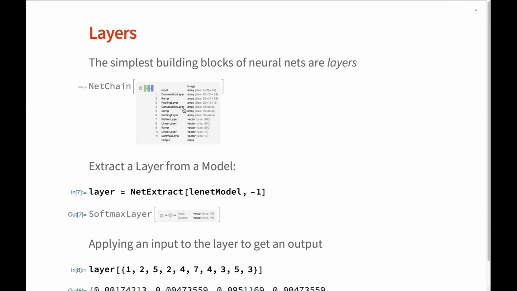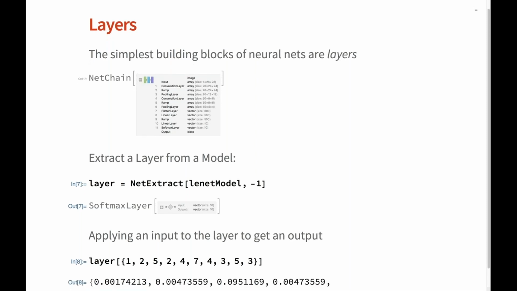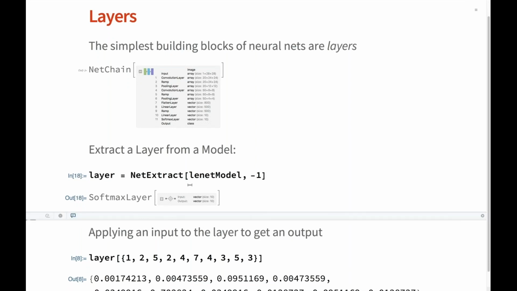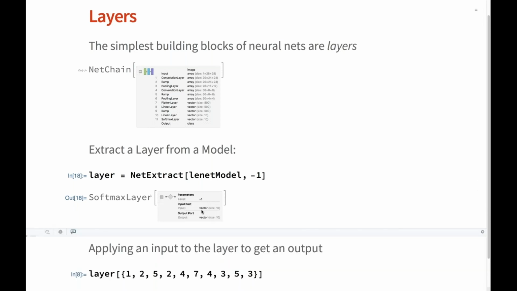Let's take a look at the last layer, and I can use a function called NetExtract to get the last layer. We can see a lot of information about this layer. For example, it is a Softmax layer, and I can open it and see that it expects a vector of length 10 as an input and returns the same.